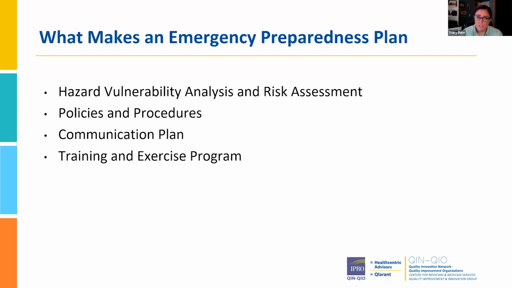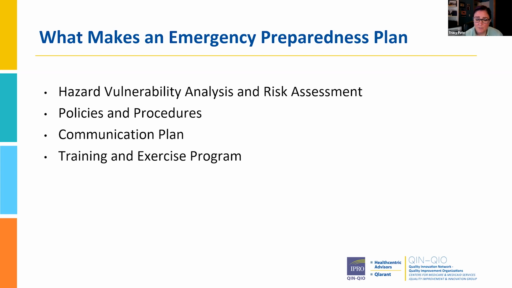We talked about this a little bit in the first session last week. I don't know if all of you were with us for that, but you've got your HVA and then your facility-based risk assessment. You have the policies and procedures, which are really going to be dictated by the results of your HVA and your facility-based risk assessment. Your communication plan is going to be different based on the scenarios that you've identified in your HVA.